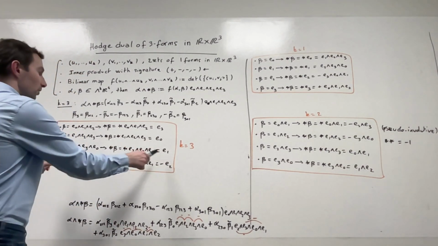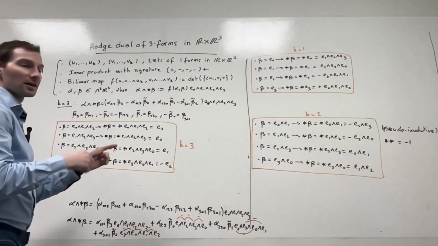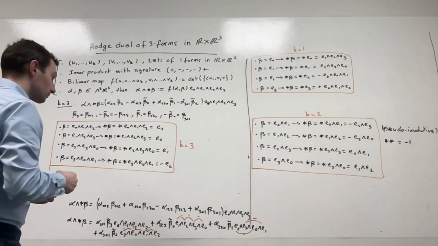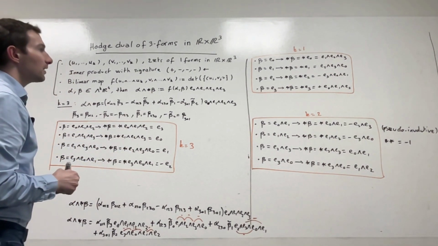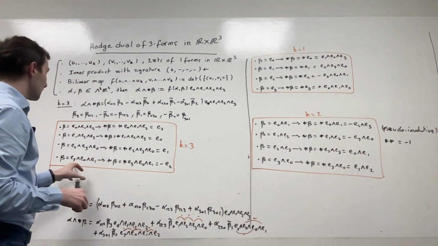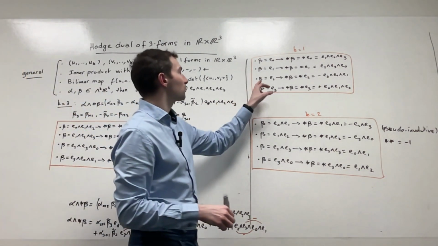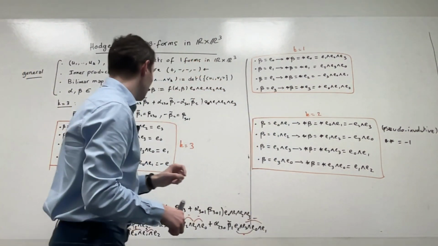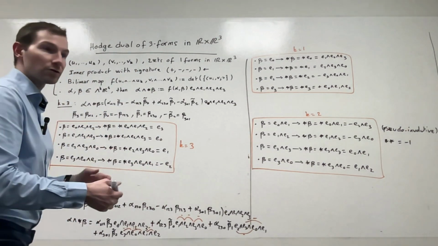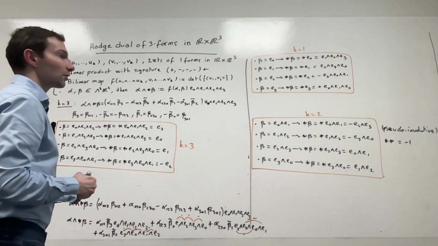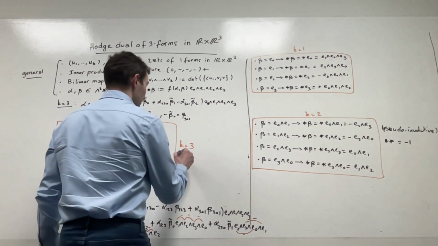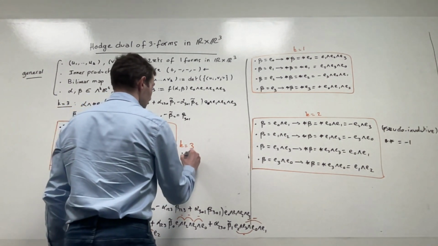So in this case I get the same back. And if we look at this one, we also get the same because we get a minus sign for E2 here. So here, this is involutive.